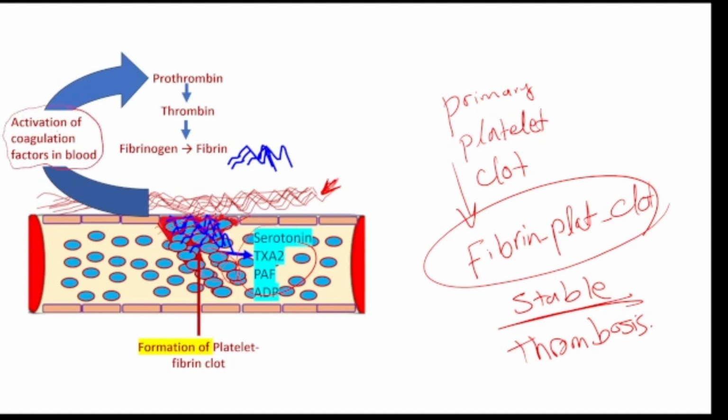The end result of this activation is the conversion of prothrombin to thrombin. Prothrombin is factor 2, and thrombin is factor 2A, which means activated. Thrombin then enhances the conversion of fibrinogen to fibrin, and the fibrin is responsible for the final, stable plug.